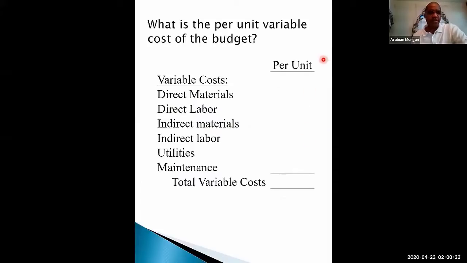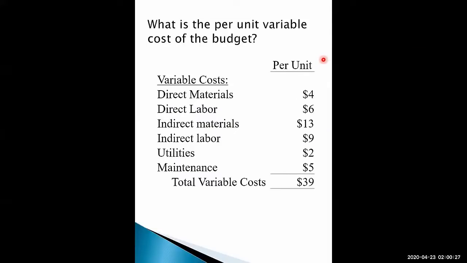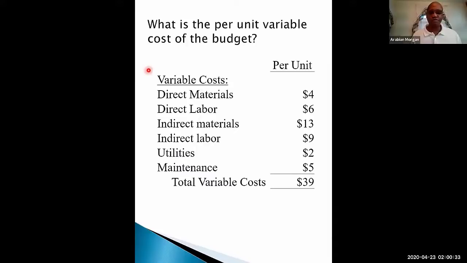All right, so your per unit amounts that you should have come up with are as follows. Okay, so just double check your numbers, make sure you matched my numbers. And let me know if you have any questions here, please.